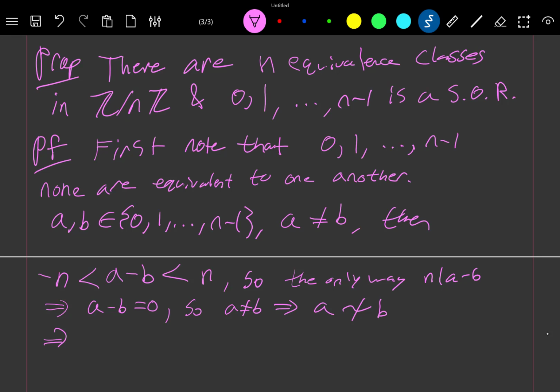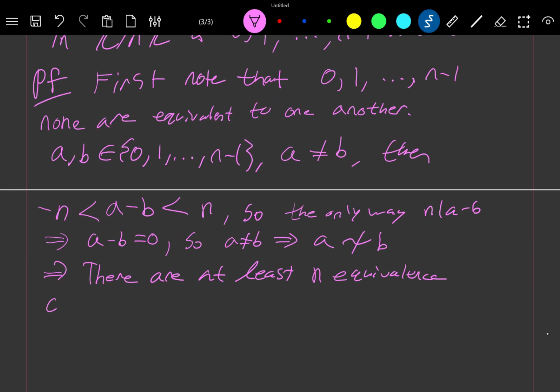So this also tells us that there are at least n equivalence classes. We found n different elements, none of which is equivalent to one another.